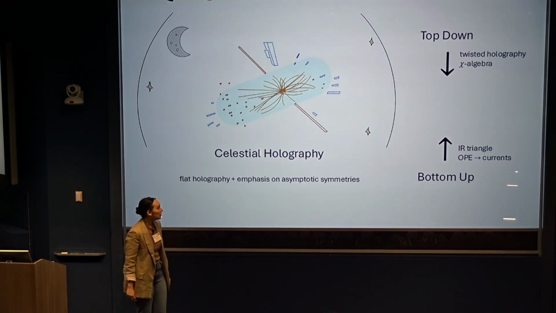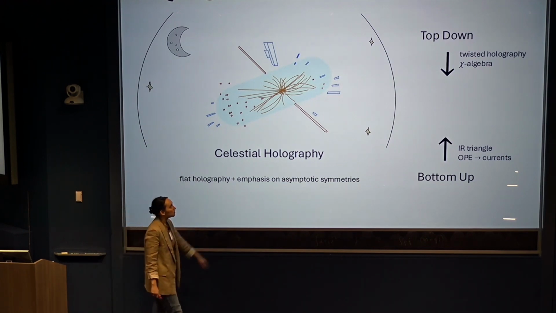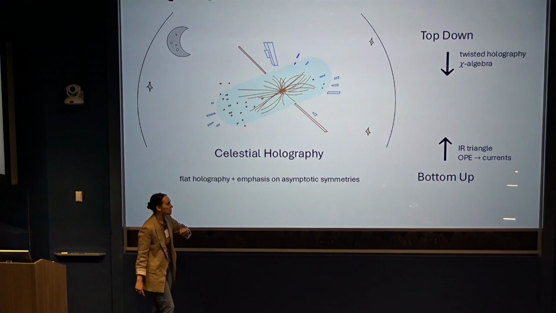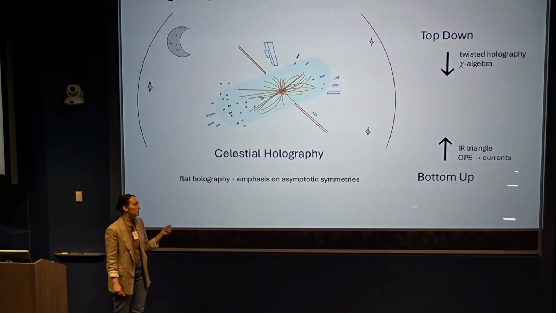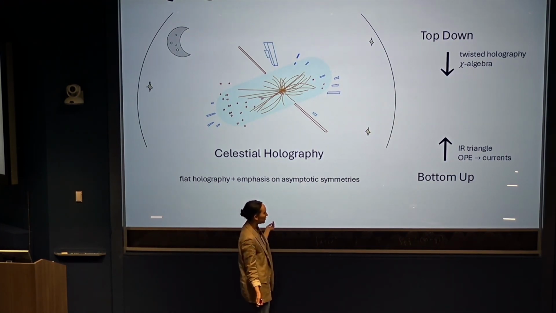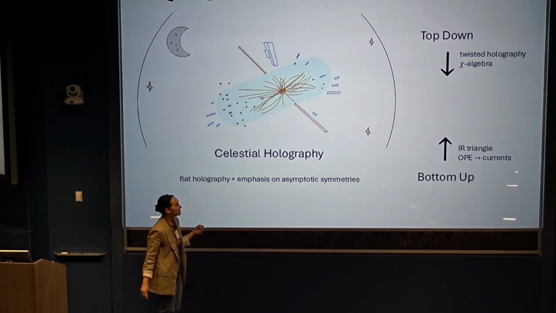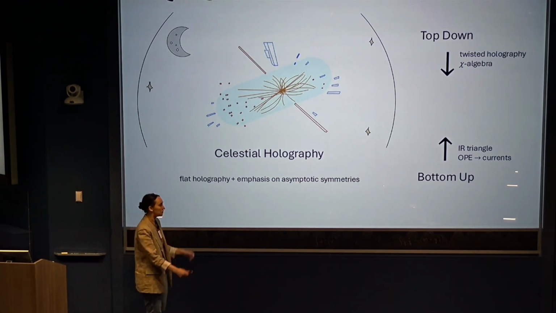A lot of the talks that we've seen on the celestial side have two approaches. Those students, the colleagues of mine who came out of Harvard, focus a lot on a bottom-up approach, this infrared triangle of understanding the connections between soft theorems, asymptotic symmetries, and memory effects, then treating that like a 2D CFT and getting the celestial currents from the OPEs.